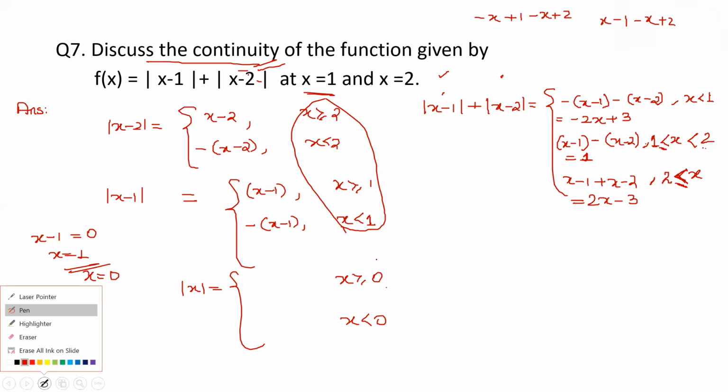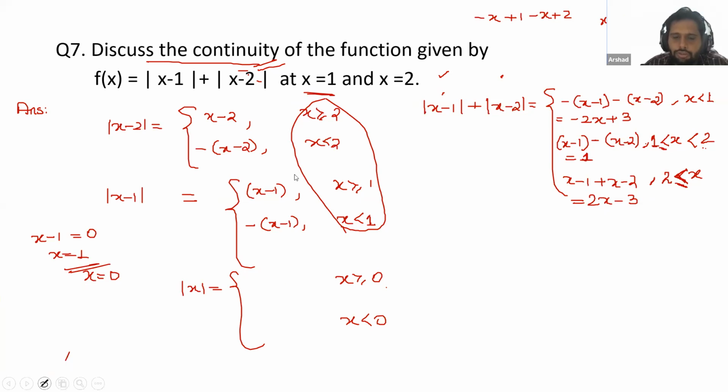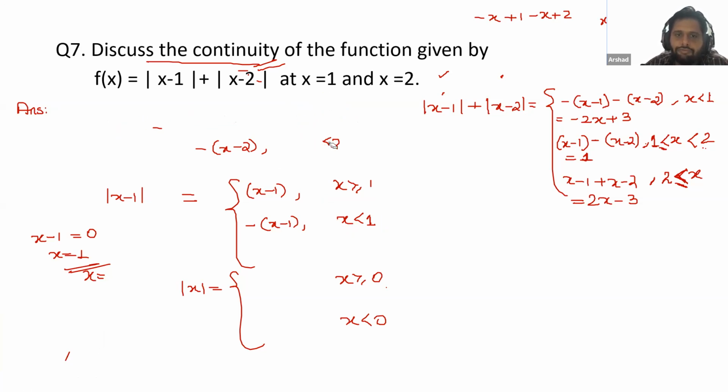Okay, Atif has completed this. Noma has done. Darshan, will you please complete this? Yesterday we have done the continuity, so use the same method here and prove it.